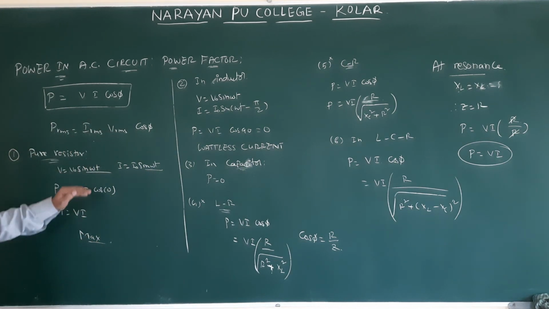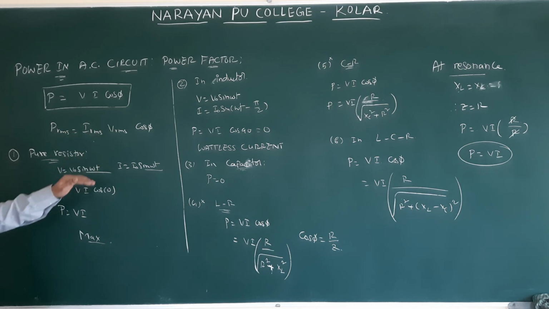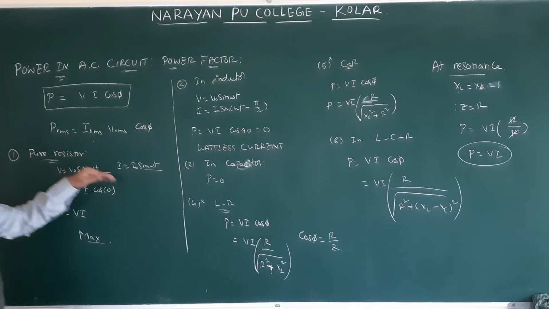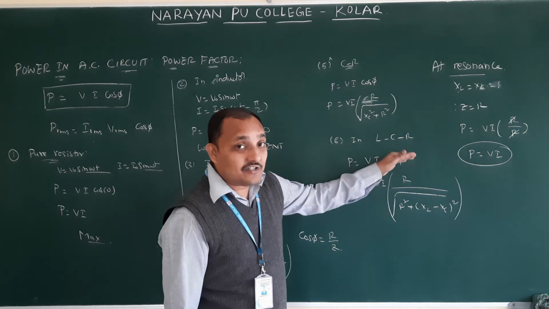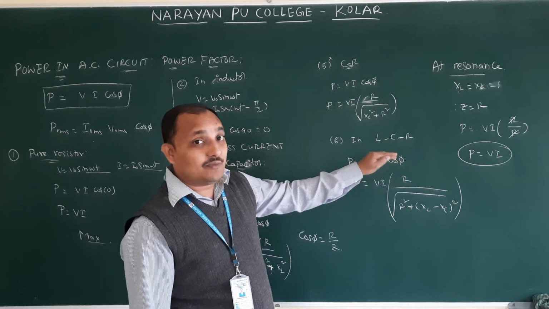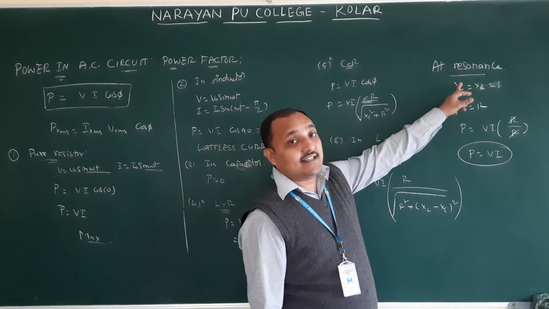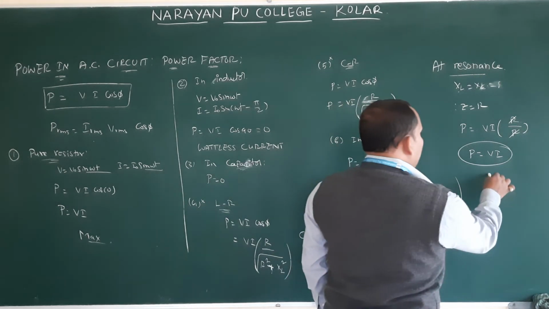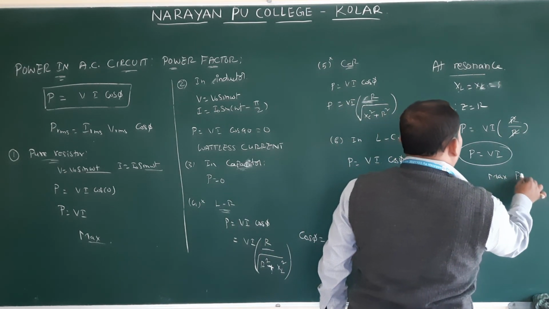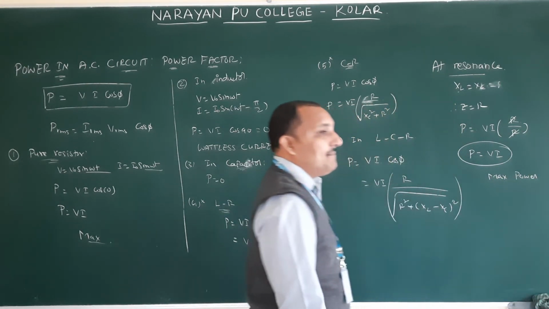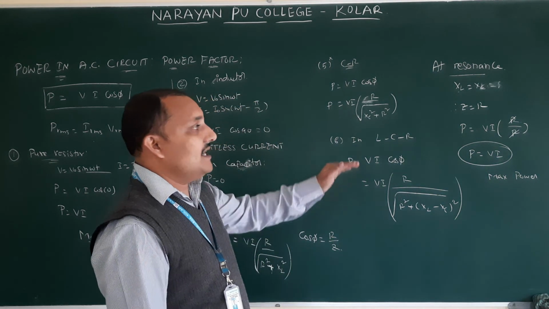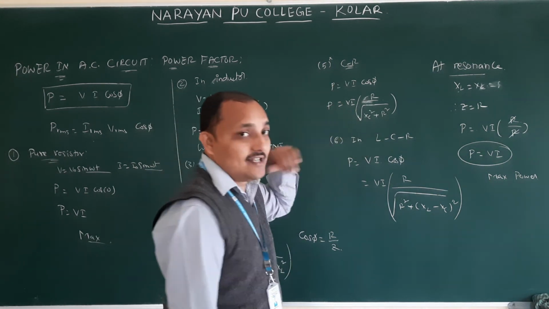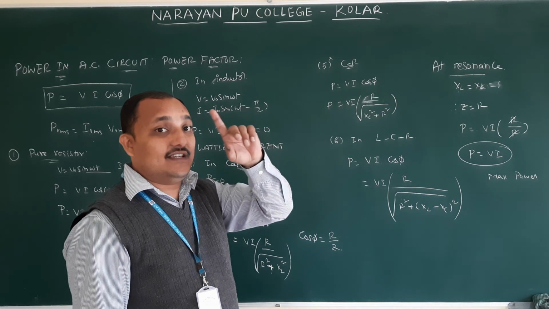So to get maximum power dissipation, what is the condition? Either we should take a pure resistive circuit, or in an LCR circuit also maximum power is possible at the resonance condition. Therefore, maximum power dissipation is going to happen at resonance in an LCR circuit. This one they asked in one of the years in CET.